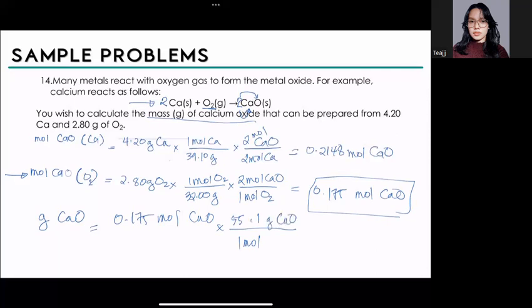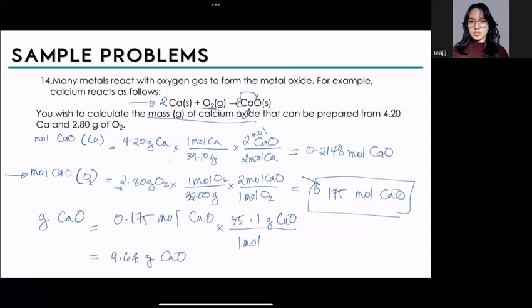That's the molar mass. Now, although I'm writing here 0.175, it would be better if kaya nyong mag-start from here. Yung walang na round off ha, to avoid rounding off errors. Anyway, if you calculate that, you should have 9.64 grams of calcium oxide.